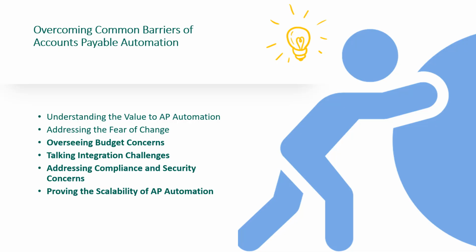Here are some of the other common barriers that organizations run into as well. Overcoming budget concerns. Budget limitations are often what hold a whole business back from investing in AP automation, even when they know the benefit will be there long term, right? So focusing on the overall savings and efficiency gains through AP automation can shift your perspective from an initial investment to more of a long term benefit, right?